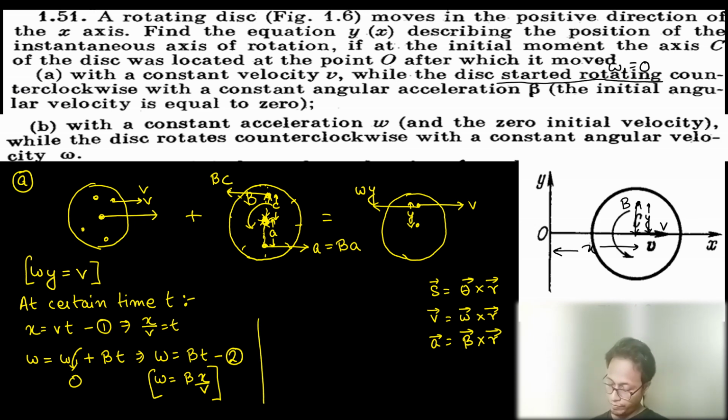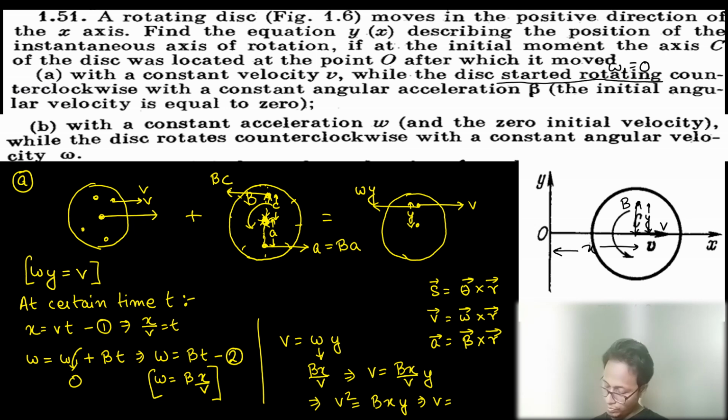So v is equal to omega into y, but omega is equal to beta x by v, so v is equal to beta x y by v, or v square is equal to beta x y.